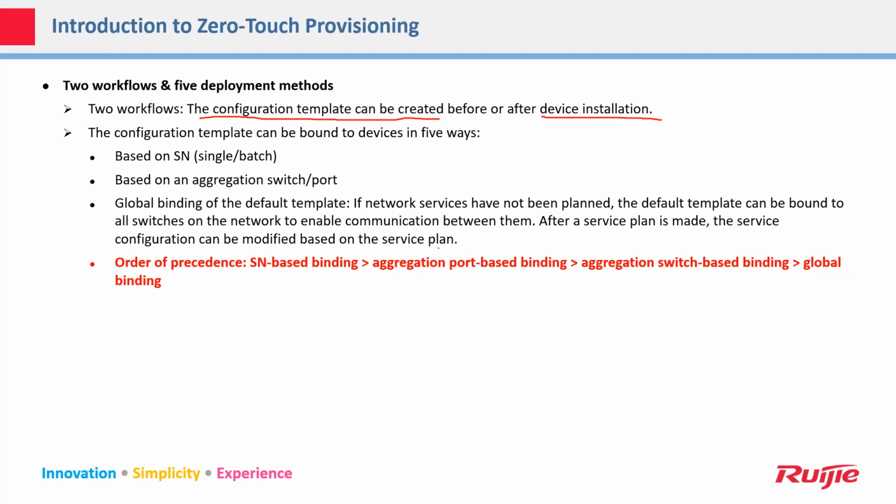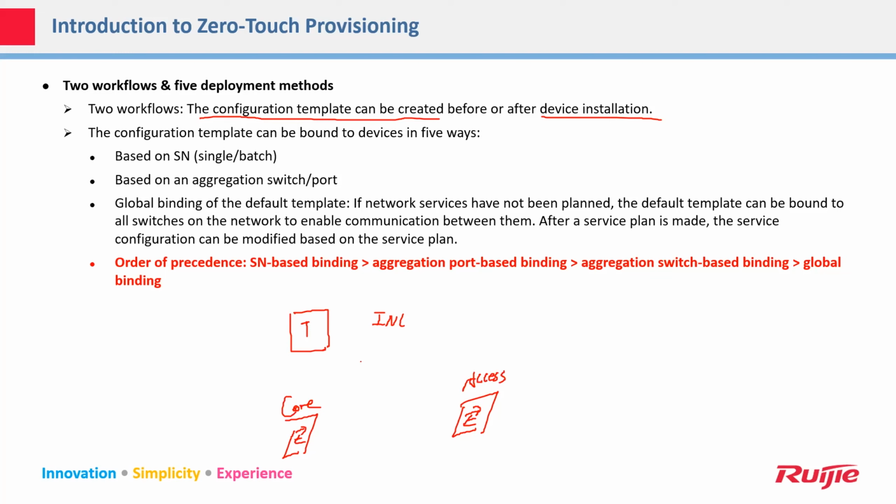For example, this is a template, and we use T to represent it. The INC should deliver the template to the switches. For example, this is a switch, and this is another switch. But this is the core switch, and this is the access switch.